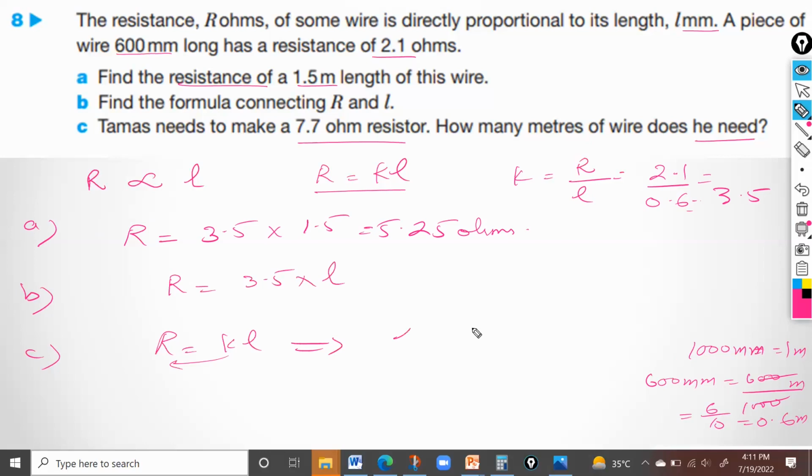So length is equal to R upon K. So we have the length equal, R is given 7.7 divided by K, and K value is 3.5. So we divide that, 7.7 divided by 3.5. So I got here 2.2 meters. Okay. Hope all of you understood it.